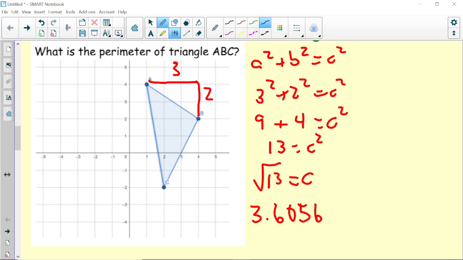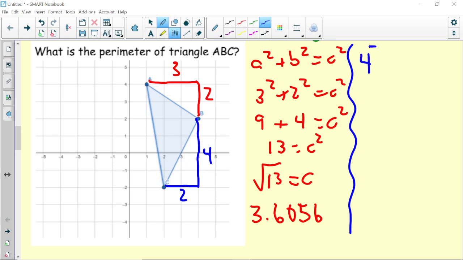All right, a different color now. We're going to do BC. So going from B to C, we go down 1, 2, 3, 4, and left 1, 2. All right, so again, we got a squared plus b squared equals c squared. I don't need to rewrite it this time. I got it down up there, so we're going to do 4 squared plus 2 squared equals c squared. 4 squared is 16, plus 2 squared is 4. 16 plus 4 is 20.